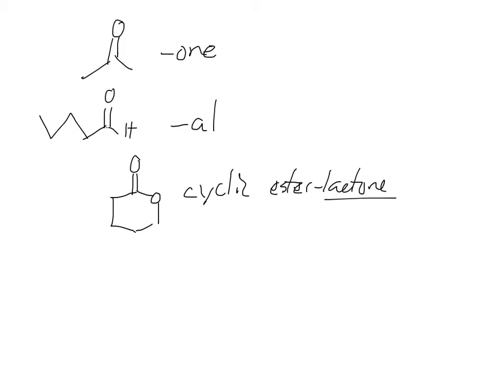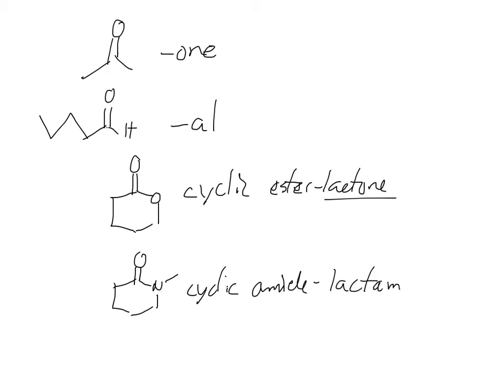L-lactide is a dilactone, but it's still a lactone. And if instead of a lactone you had a cyclic amide, those are lactams. Like penicillin has a lactam in it, a beta lactam.